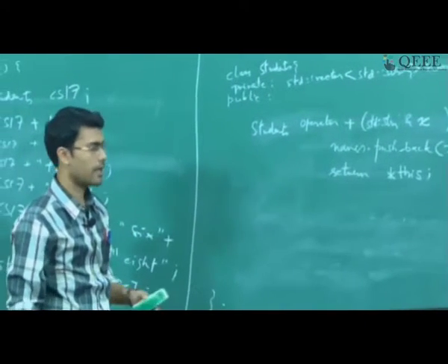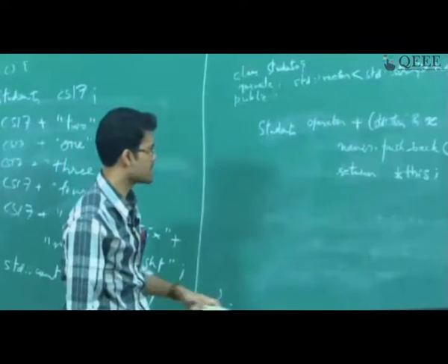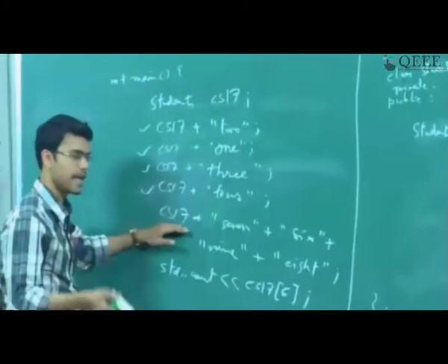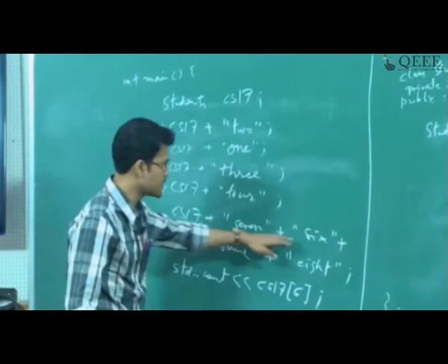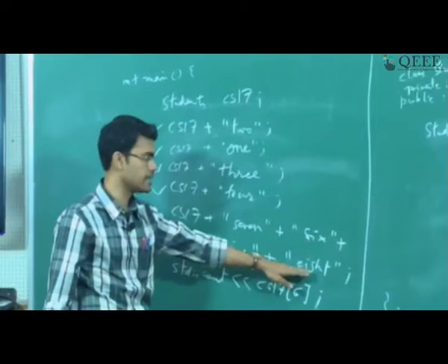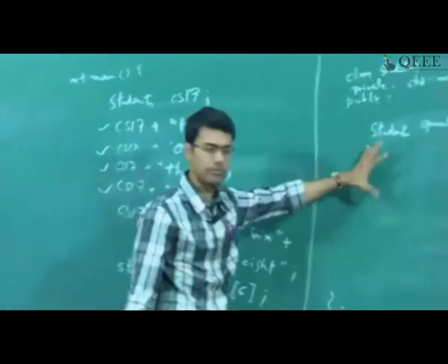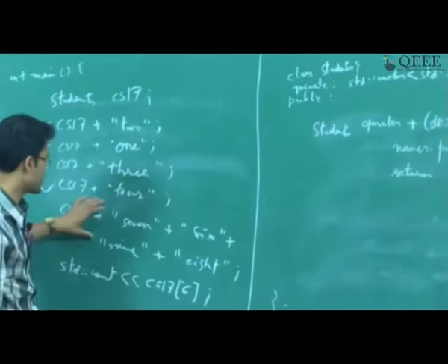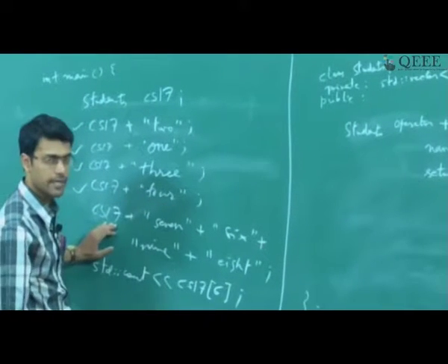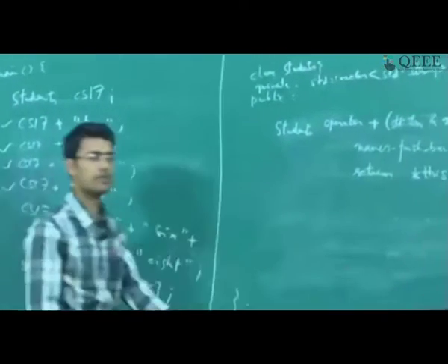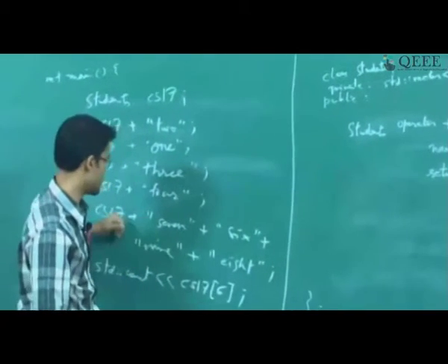If you carefully look at the slide, you will realize that what we really want is that CH-17 is exactly the same object to which all of these 6, 9, 8 should get added, it should not be a copy. Now what will happen with this code is that CH-17 plus 7 will add it to CH-17 and it will return star this, which will be a copy of CH-17.